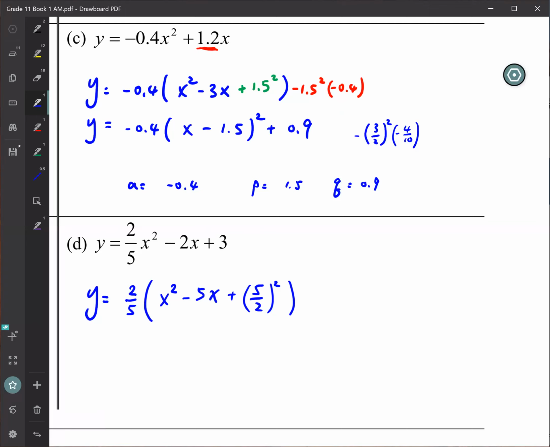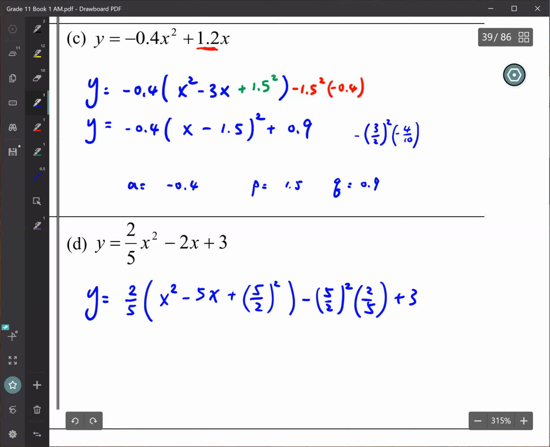And then? Subtract 5 over 2 squared. Mm-hmm. And then you multiply that by 2 over 5. Yeah. And then plus 3. Plus 3. Very good. Okay, Colin and Nathan, almost done? Yeah, almost done. Okay, raise your hand when you finished.